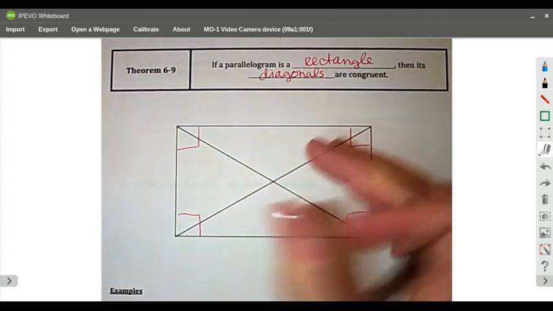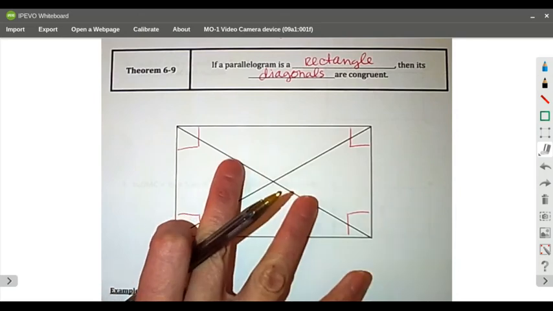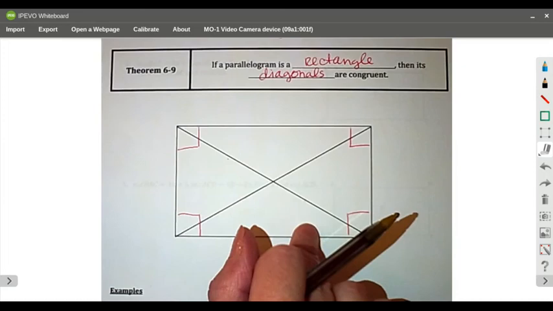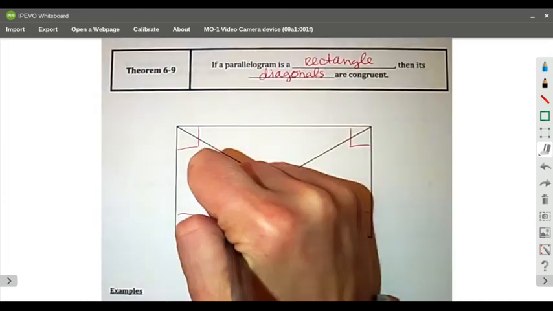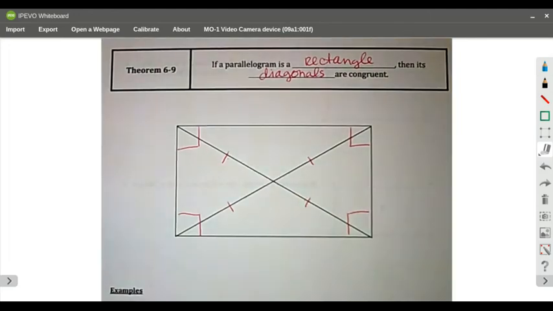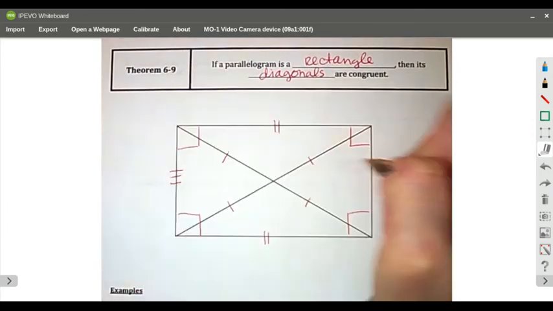In the parallelogram example, it was just these 2 are congruent to each other and these 2 are congruent to each other. But because the lengths of the diagonals themselves are equal, all 4 of the little ones are equal. Then all that same stuff about parallelograms is true. So the opposite sides are the same, which you probably already know, but that's okay.